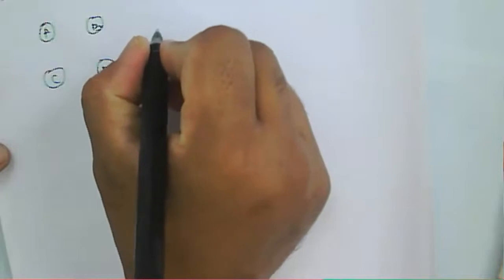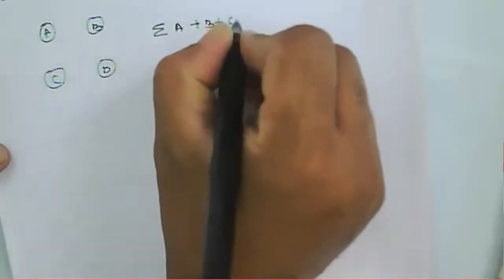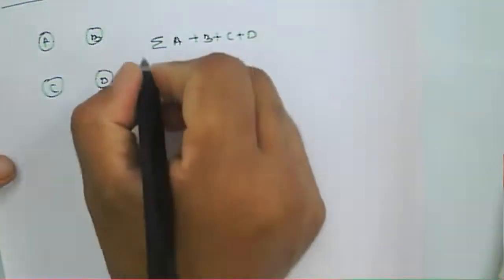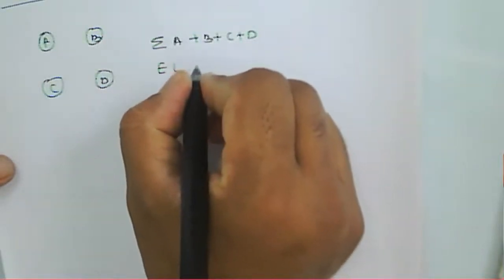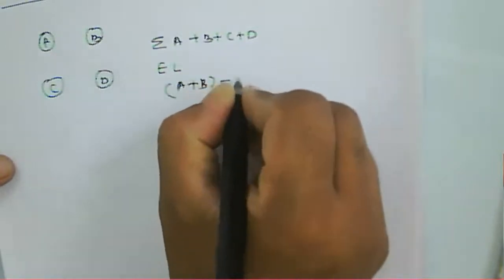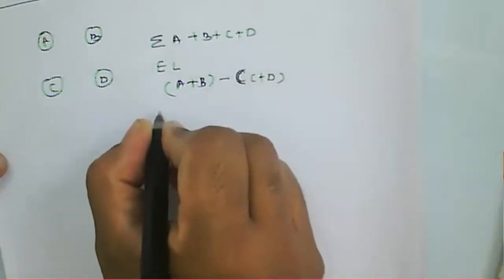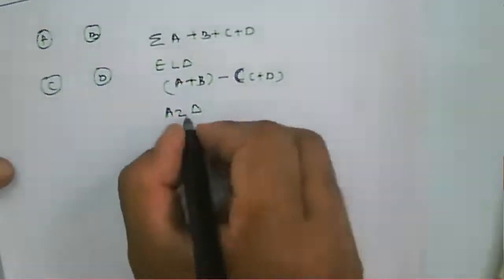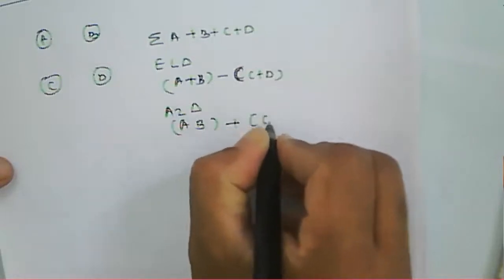Suppose we consider the summation of antennas A, B, C, and D. For the elevation, we need to find out A plus B minus C plus D. For the azimuth, the small variation delta azimuth, in that case we need to use A minus B plus C minus D.